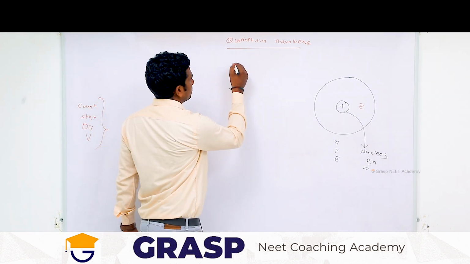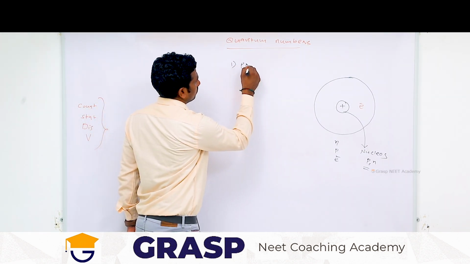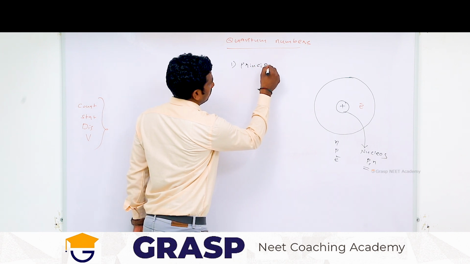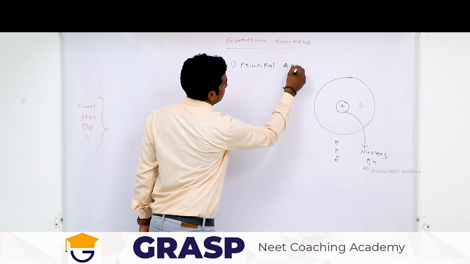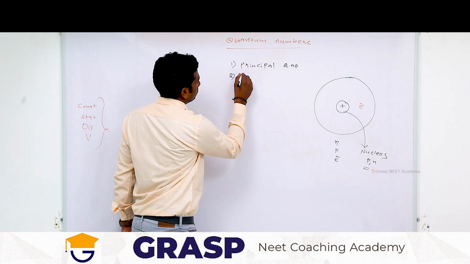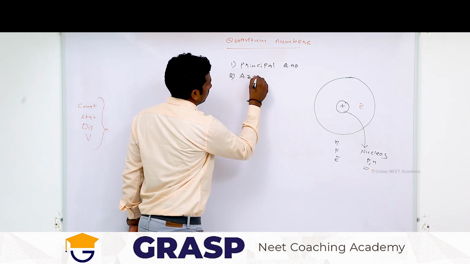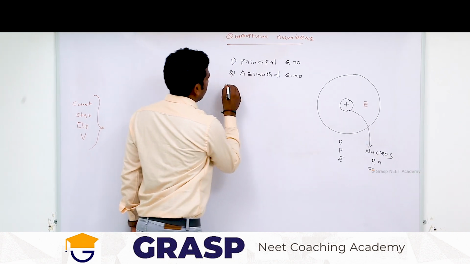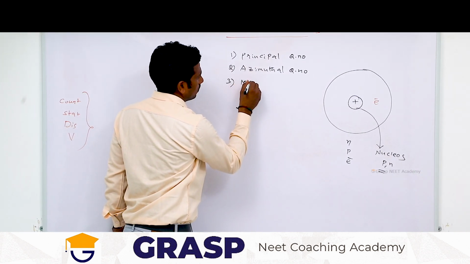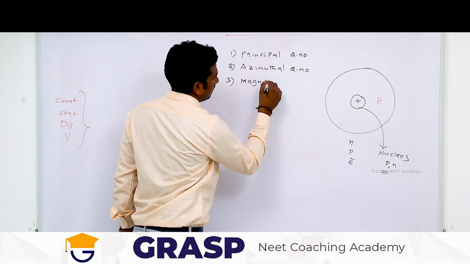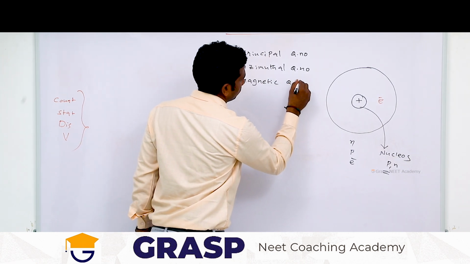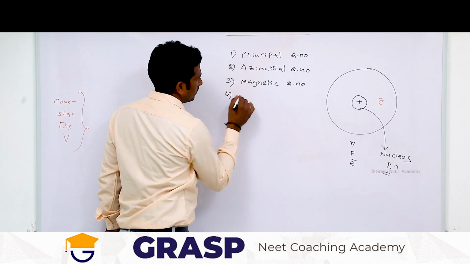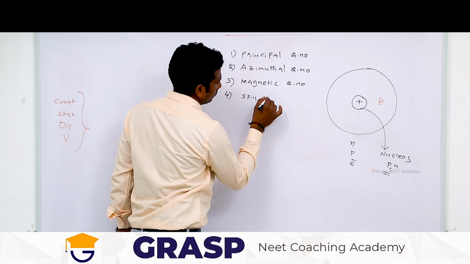The first one is the principal quantum number, the second is the azimuthal quantum number, the third is the magnetic quantum number, and the last one is the spin quantum number.